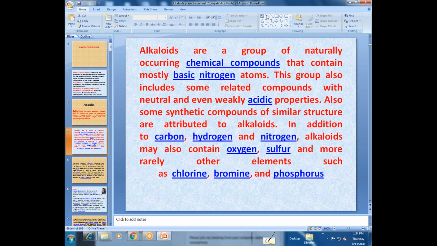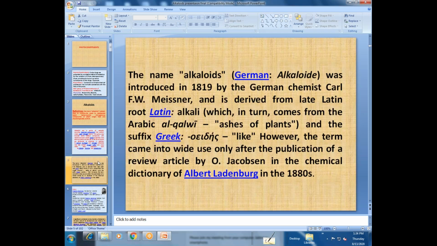The name alkaloids, German Alkaloide, was introduced in the year 1819 by the German chemist Carl F.W. Meissner. It is derived from the Latin root alkali, which in turn comes from the Arabic al-qali, ashes of plants, and the Greek suffix meaning like.